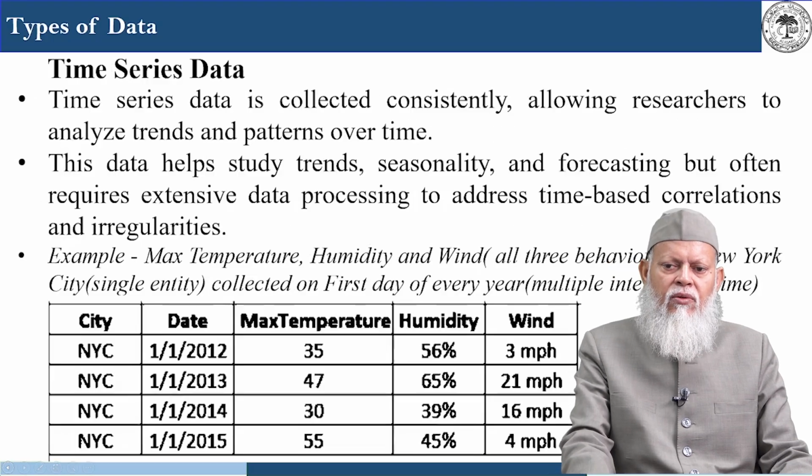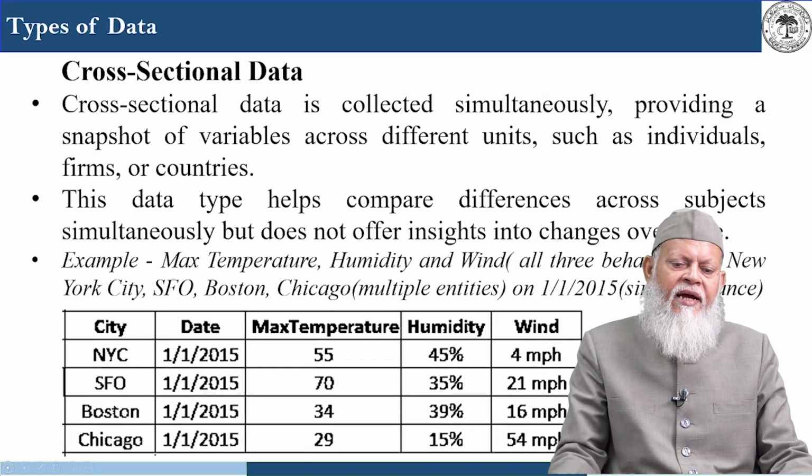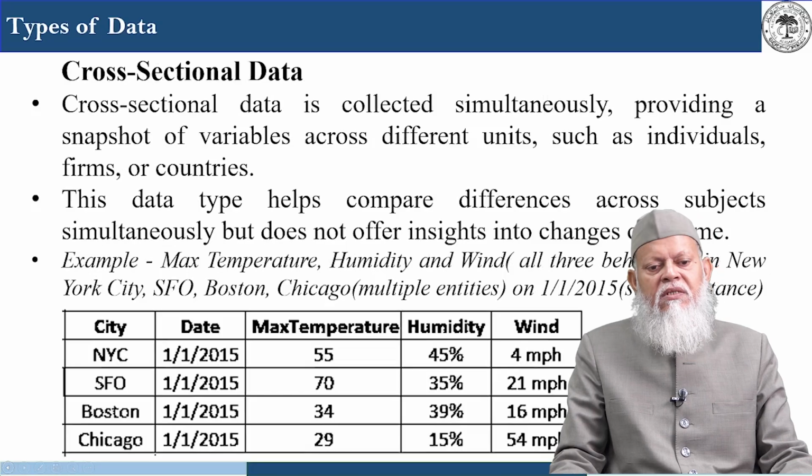There are no multiple intervals of time. We observe that all this data is for 1st January. The dates are the same for these data, and the entities are different.